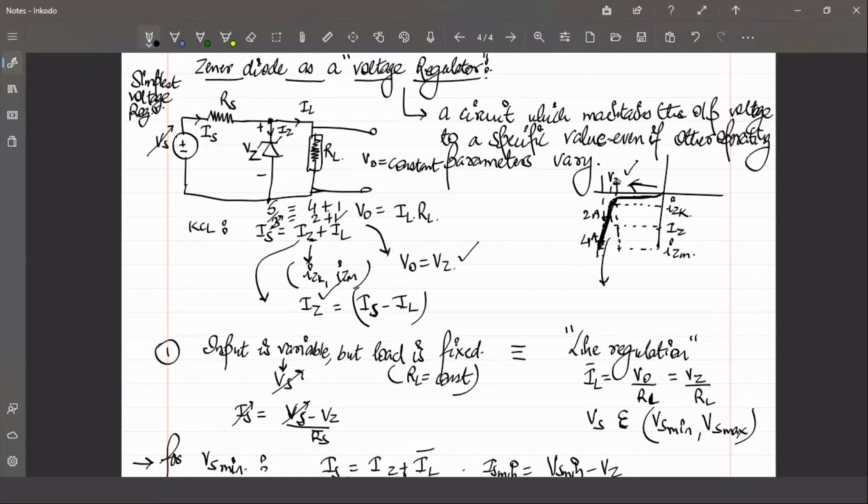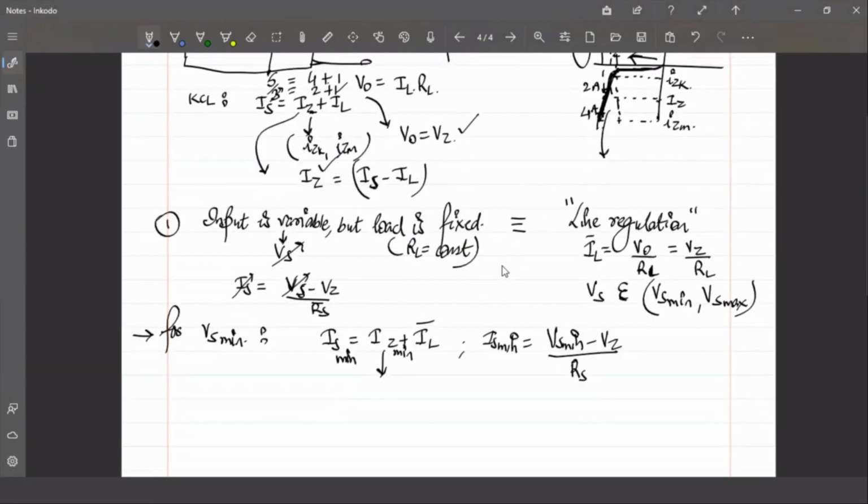So Izk is at the boundary condition, before and after which there is breakdown taking place and the device is having a constant voltage. Just before this breakdown happens, I can say that Izk is almost 0 or negligible. So Iz minimum in that particular case is equal to 0.